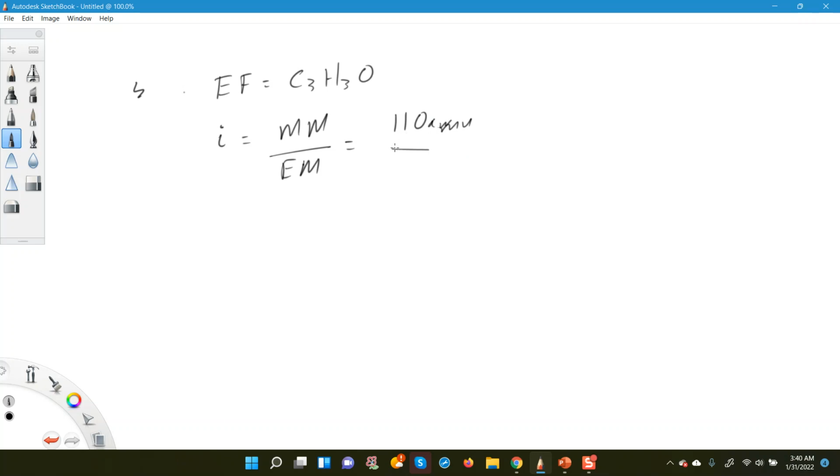And the empirical mass is based on the empirical formula here, so we can calculate it. That will be 3 times 12.01 AMU plus 3 times 1.008 AMU plus 16.00 AMU.